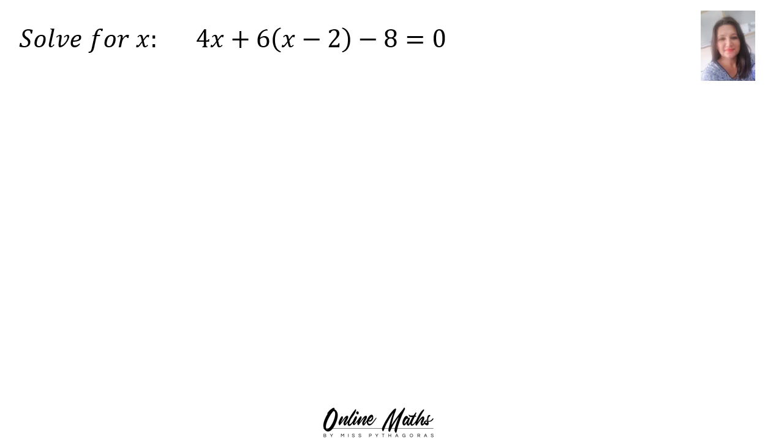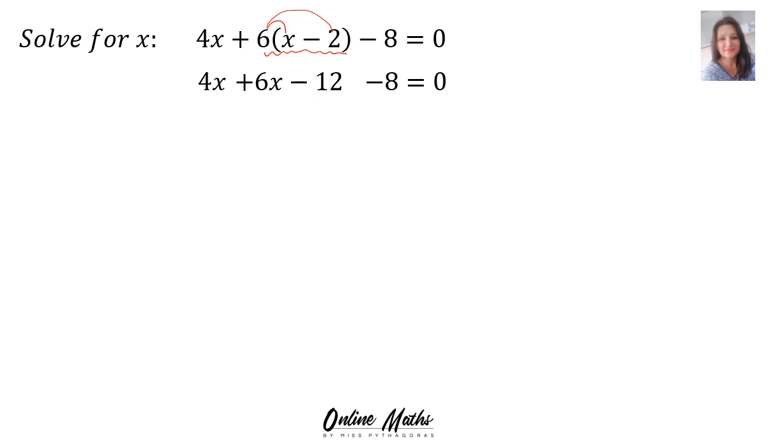Solve for x, and then I give you the equation. Now the problem here is the brackets. So we first need to get rid of the bracket by multiplying in the plus 6, and then it becomes 4x plus 6x minus 12 minus 8 equals 0.